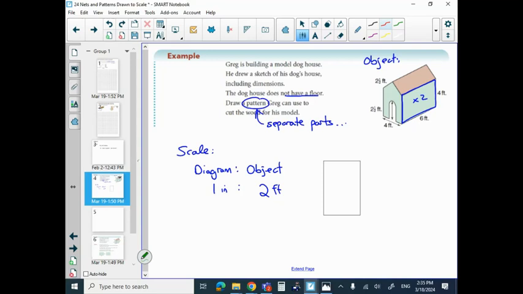So for the 6 feet one, we're going to actually draw it as a certain number of inches, right? So the 6 feet number goes in under the object's measurement heading, and then we just need to figure out what the corresponding number of inches is.